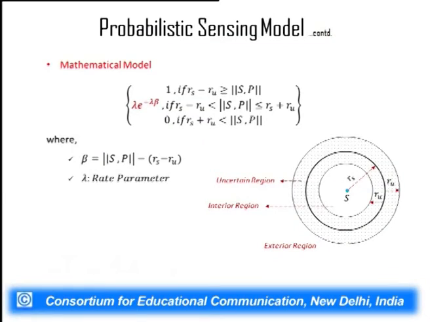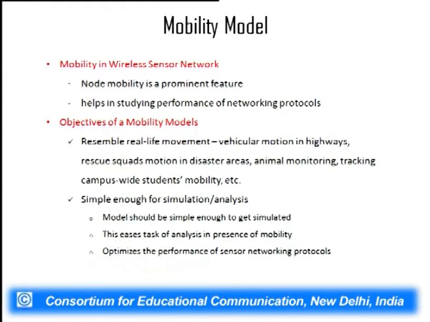If it is between Rs minus Ru and Rs plus Ru, then it is in the uncertain region and will get recorded with an exponentially degrading probability, and in other cases it won't be recorded at all. Lambda is our rate parameter, and beta is the difference of the distances. So this is our probabilistic sensing model. Accordingly, the probabilistic sensing model or the binary model can be applied as per the requirements.